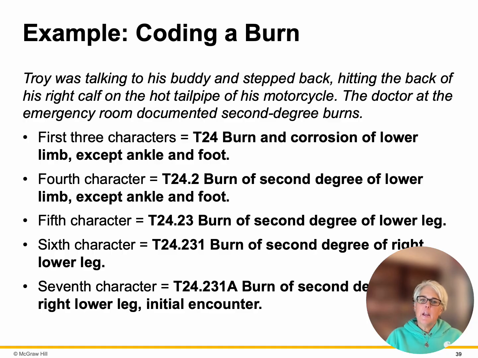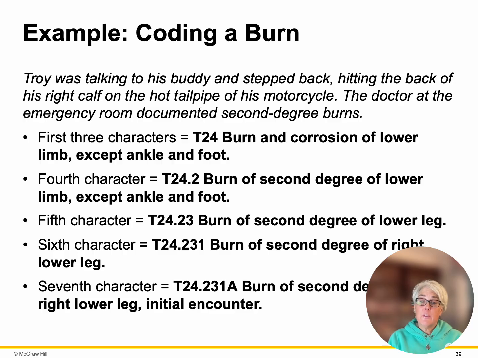So the first three characters are T24, burn and corrosion of lower limb except ankle and foot. The fourth character, so we're taking it out, burn of second degree of lower limb except ankle and foot. So that's the T24.2 because we have a second degree burn.